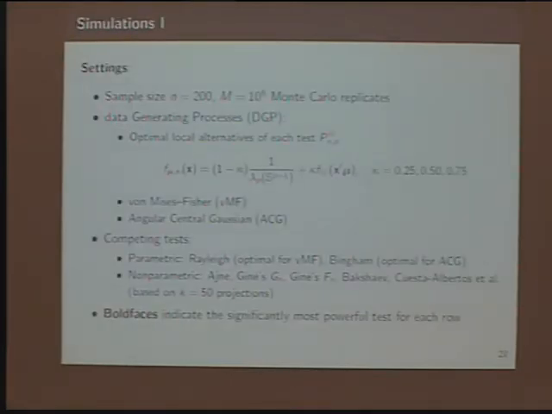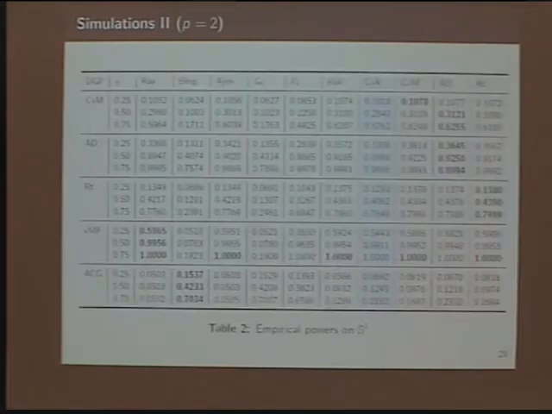And just to say something about the simulations, what we did was to compare several tests for local alternatives and for other alternatives for which we don't have optimality within this class, but we have tests that are optimal against those alternatives, such as the Rayleigh test or the Bingham test, and then see how we do and whether we beat the proposal by Cuesta-Albertos.